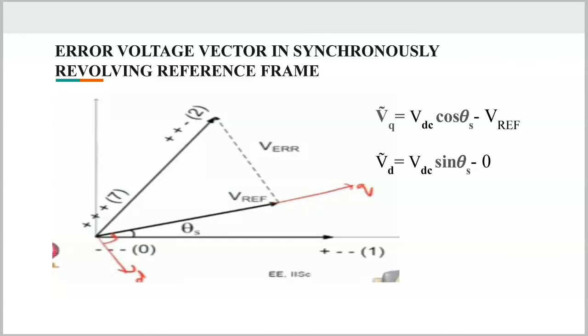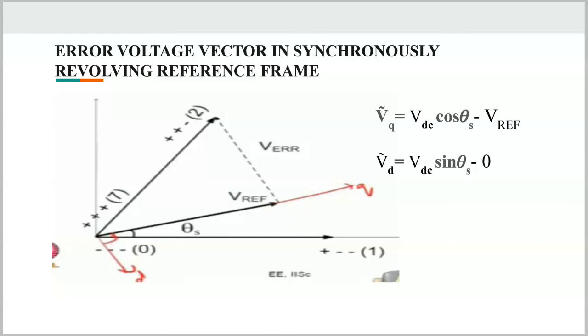This reference vector is one of the coordinate axis, one of the revolving axis, and called as Q, and it revolves at this synchronous frequency omega. And D axis is going to be 90 degree behind that. So we consider an induction motor.